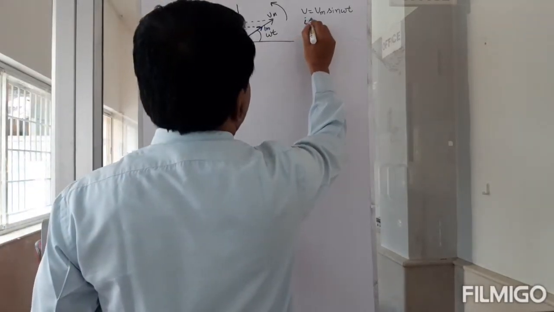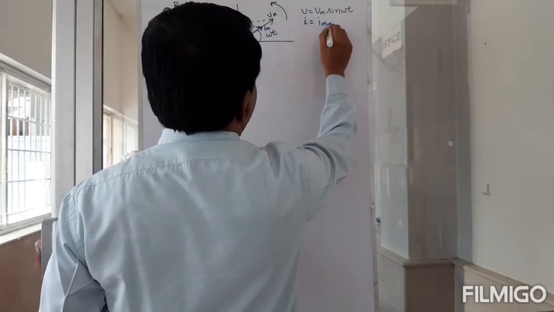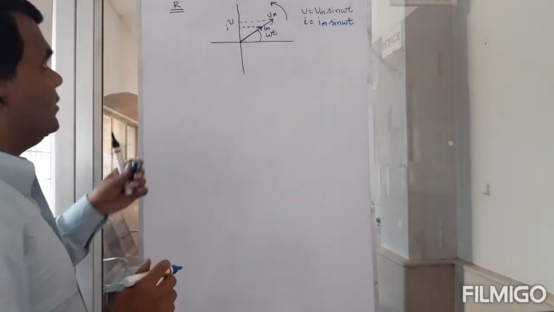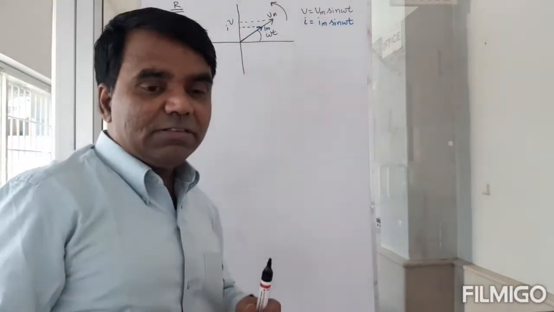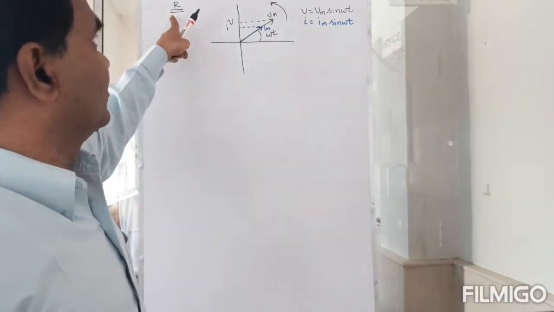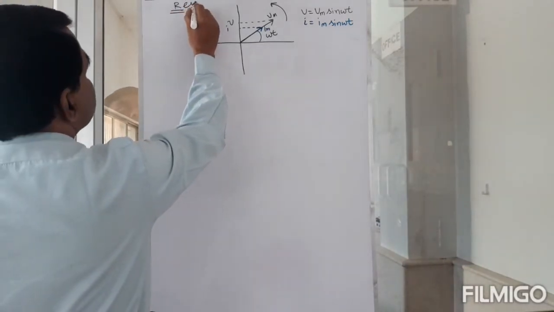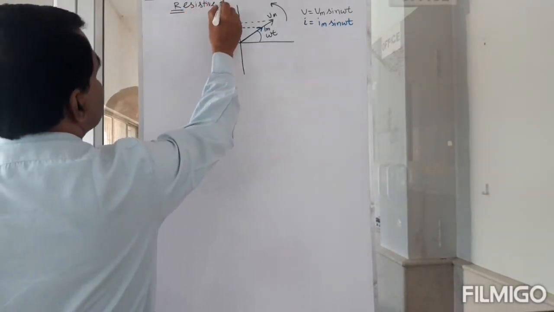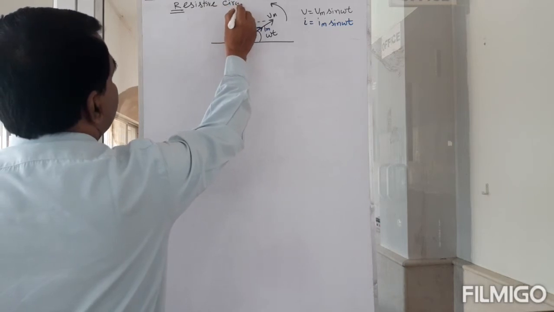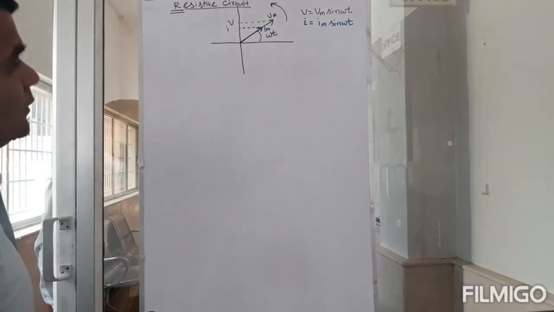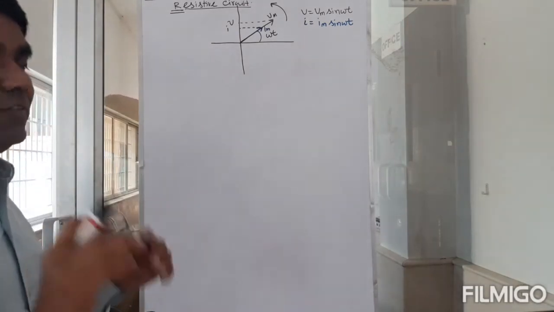So I is equal to Im sine omega t. So this is the phasor diagram for a resistive circuit. And what would be the phasor diagram for an inductive circuit?